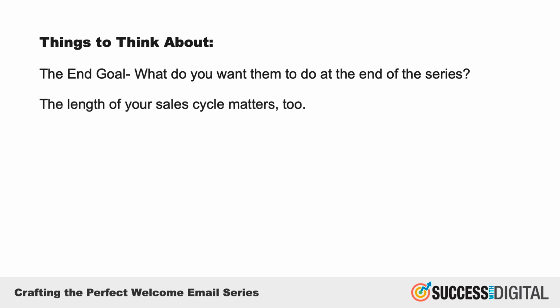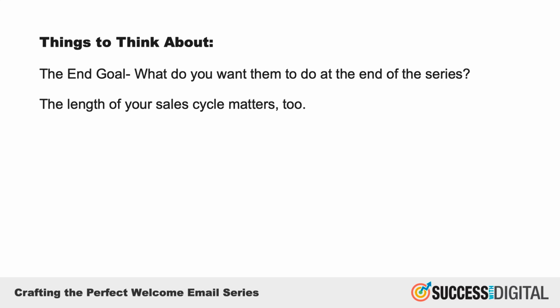So some things to think about too is that the length of your sales cycle matters here. If you're a retail store that sells $20 items, you could probably get away with a 1, 2, or 3 email series.